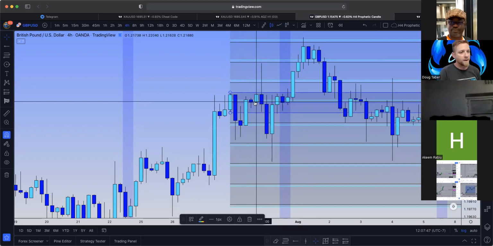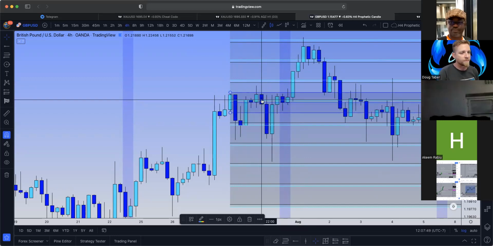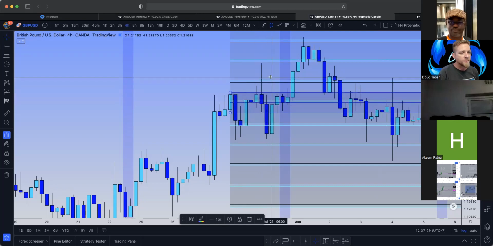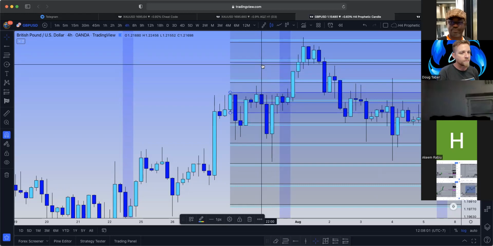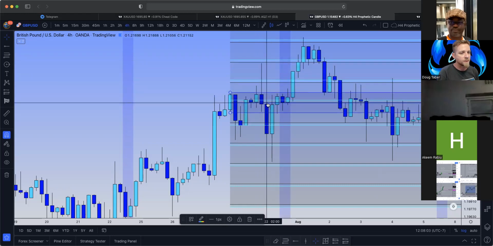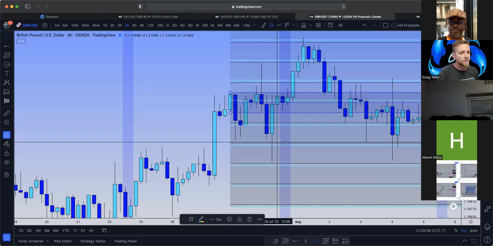If price is above preferred entry zone, this is preferred entry at 50% and 62.5%. If price is above preferred entry, then we're looking for bullishness, and price is below, we're looking for bearishness.